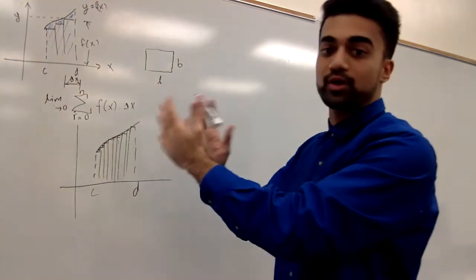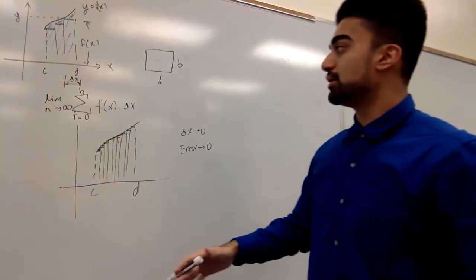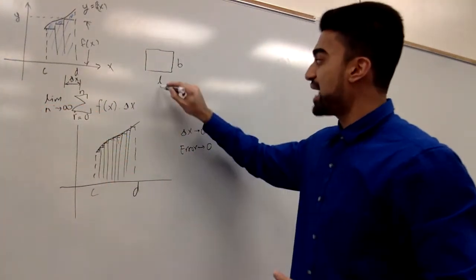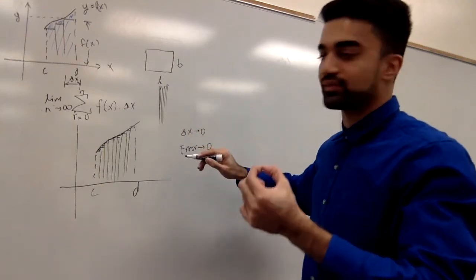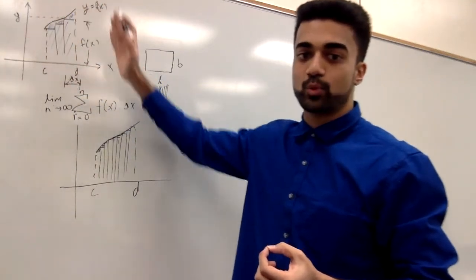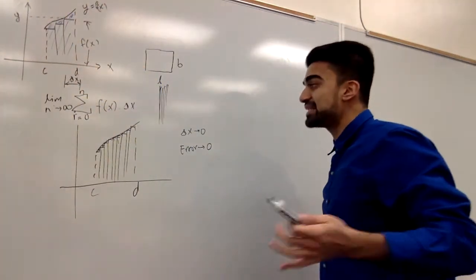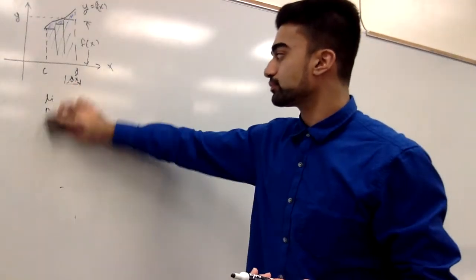These are basically the number of rectangles, and I can put n goes to infinity. So what that means is I'm adding infinitely many rectangles of really small thickness just to complete the area from the point C to the point D. So that is the fundamental idea behind an integral.